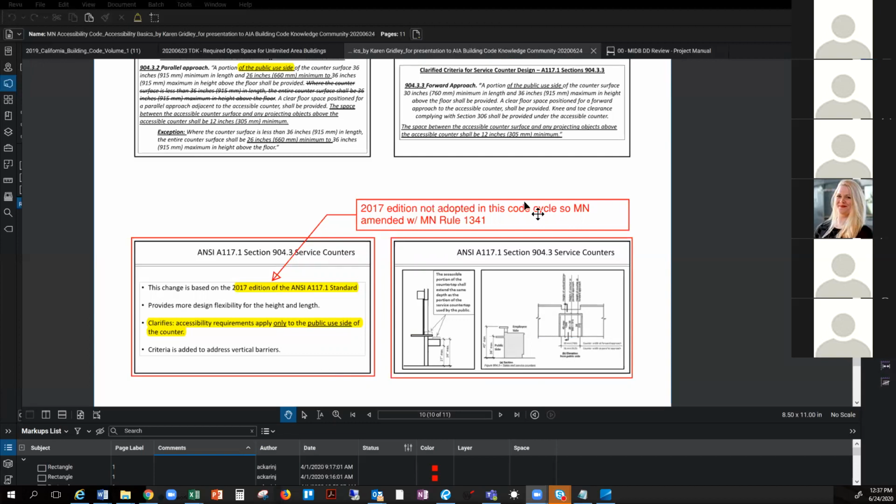As Karen had said, it was looked at, but they didn't adopt it. So by not adopting it, it isn't applicable, at least in Minnesota. So know that you have the 2009 version to work with, which has been in our code cycle since at least 2015 Minnesota building codes.